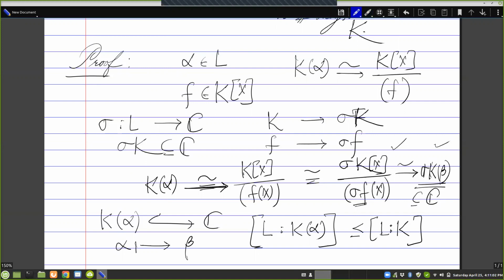So L can be regarded as an extension of K(alpha) as well.